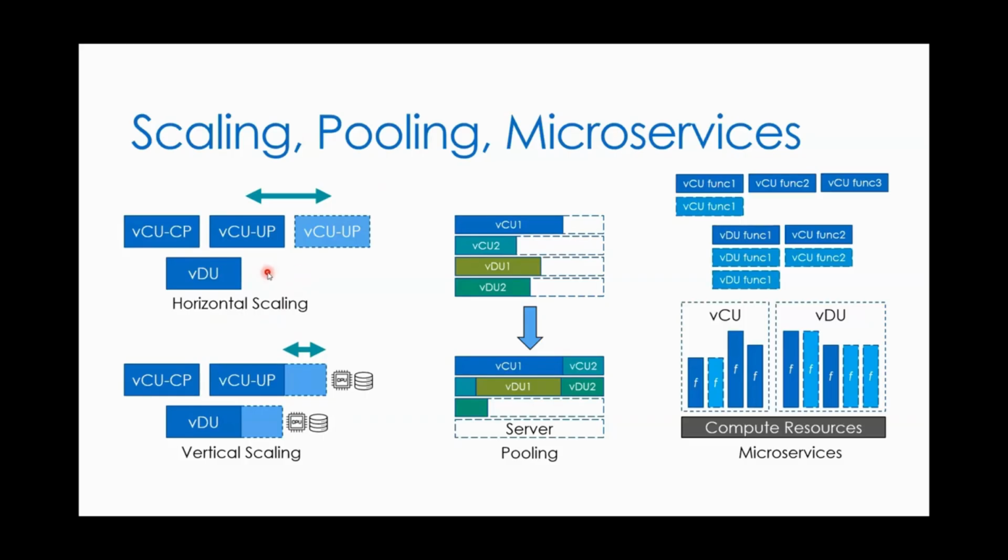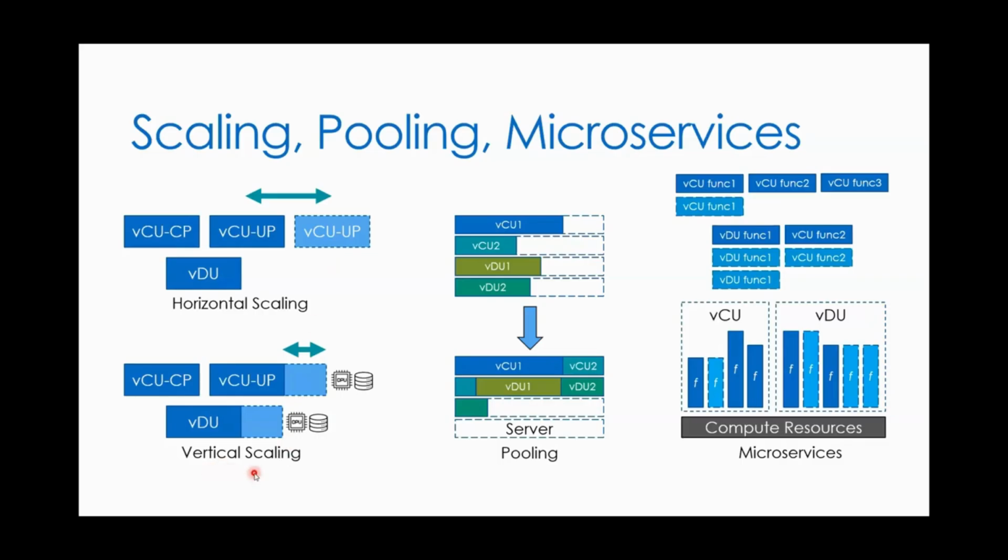So in the case of the RAN, I might have my CU-CP, or CU control plane, CU user plane, and my DU. And there might be a case where I need more UP processing capacity, and I may create an additional instance while I need that extra capacity. And then once I don't need that capacity anymore, I can take that instance down. So I have some flexibility to increase and decrease the capacity that I have.